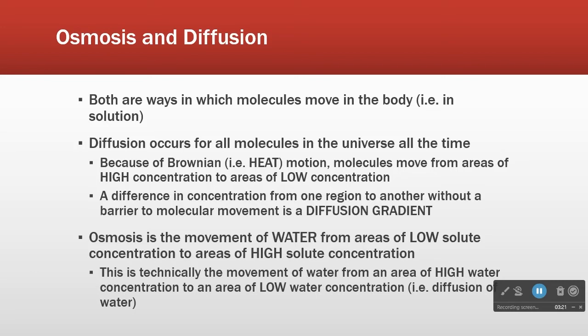So as long as there's a difference in concentration between one region and another, and the molecule can physically get from the high concentration area to the low concentration area, diffusion is going to occur. That molecule is going to move. Now, diffusion will continue until the concentration gradient disappears. All right? So a classic example is, you all know what mothballs are, right?